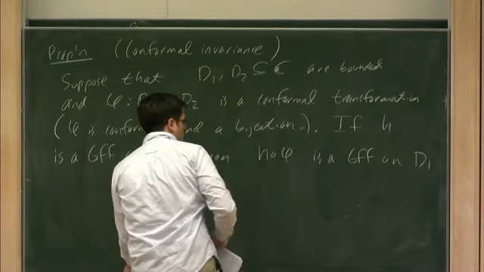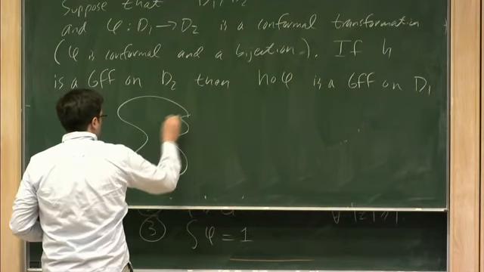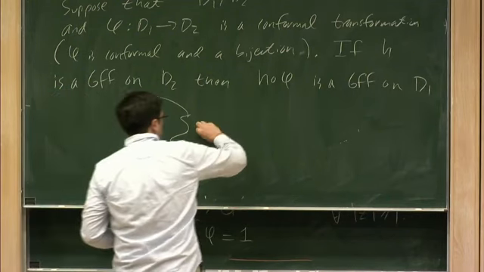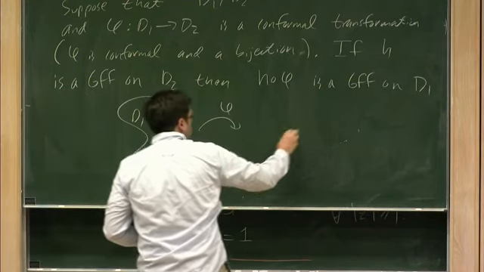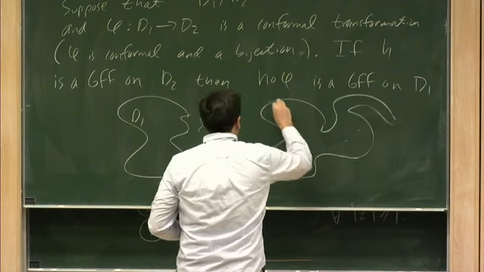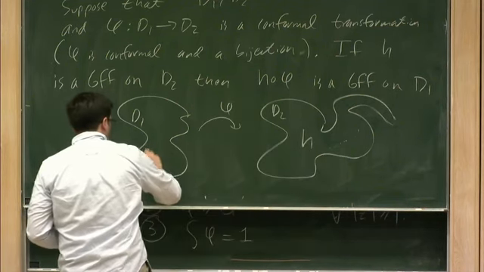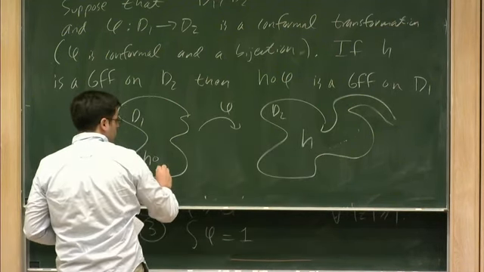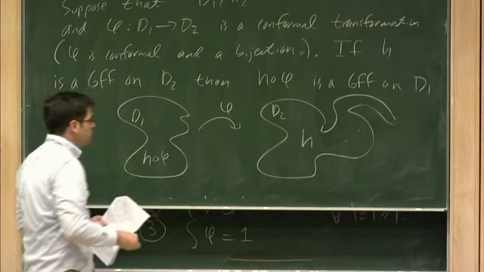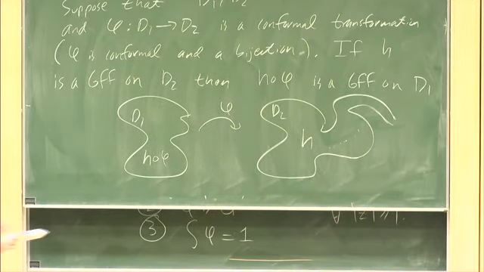So you have your two domains, D1, your map which goes from D1 to D2. And if we start off with a Gaussian free field over here, then it's going to become a Gaussian free field when you precompose with phi on the left-hand side.